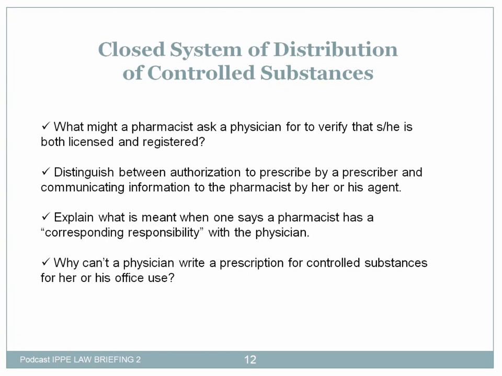1306.04 is a very important section of the DEA rules and regulations. Purpose of issue of a prescription. What it tells us is that pharmacists have a corresponding responsibility with that of the physician to assure that a prescription has been issued for a legitimate medical purpose. That's something you will see in the multi-state pharmacy jurisprudence exam.